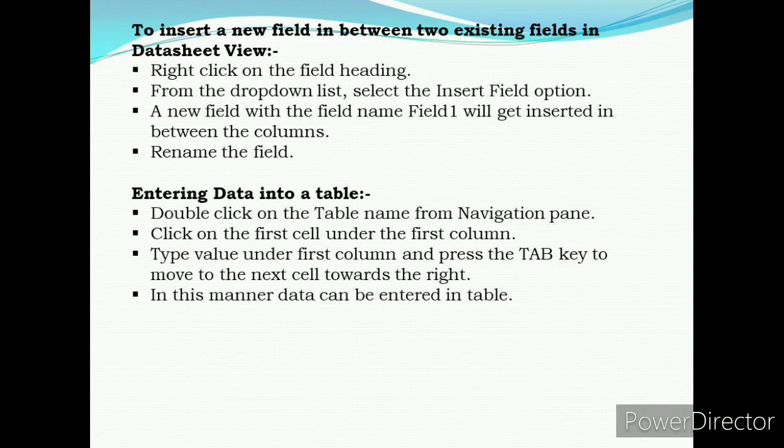Double click on the table name from the navigation pane, which is on the left side. You can find the first cell under the first column, type a value under the first column and press the tab key to move to the next cell toward the right. In this manner, data can be entered in a table.